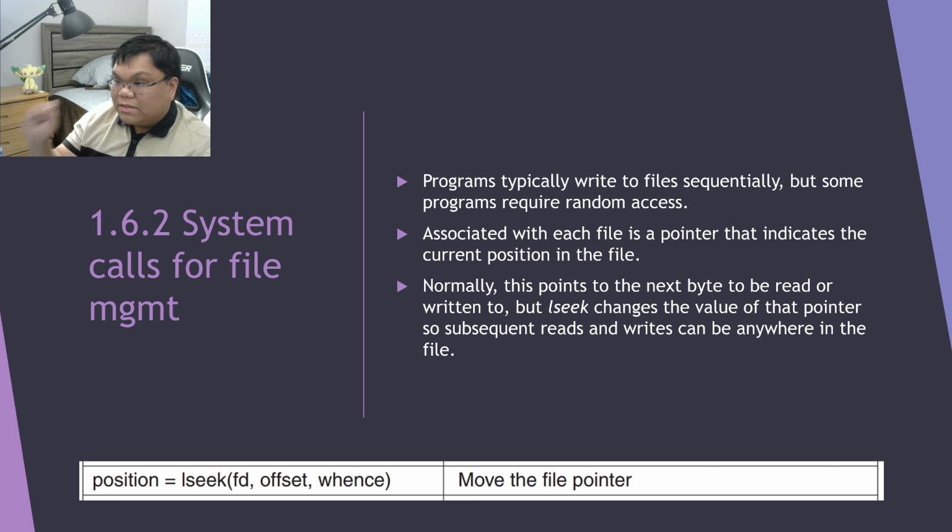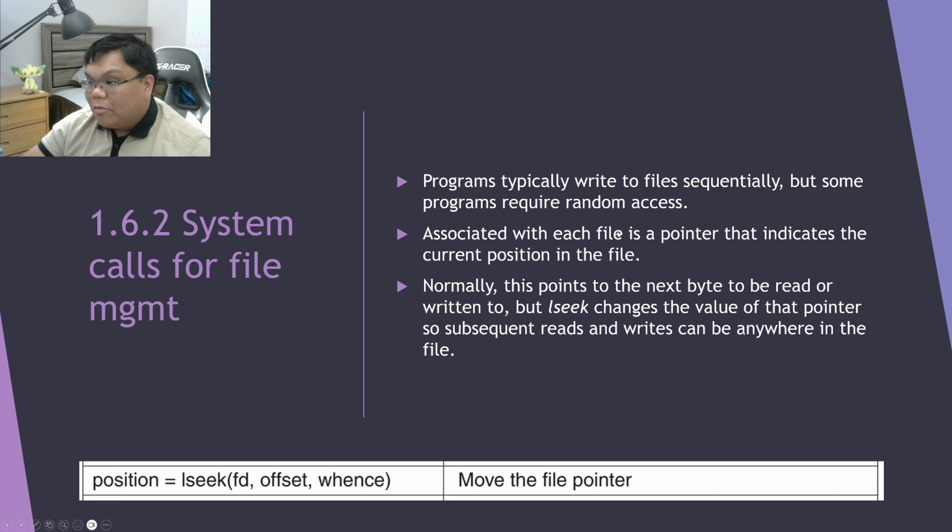Associated with each file, there's a pointer that indicates the current position in that file. So we want to change that value so it points to wherever we want in the file. Normally, this would point to the next byte to be read or written, but lseek, that's another system call, changes the value of that pointer, so subsequent reads and writes can be anywhere in the file.